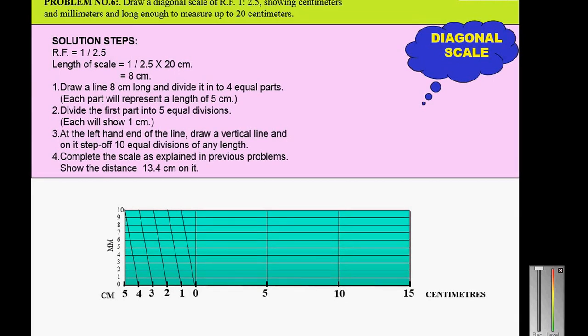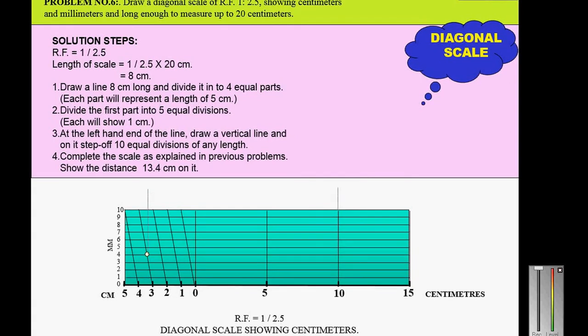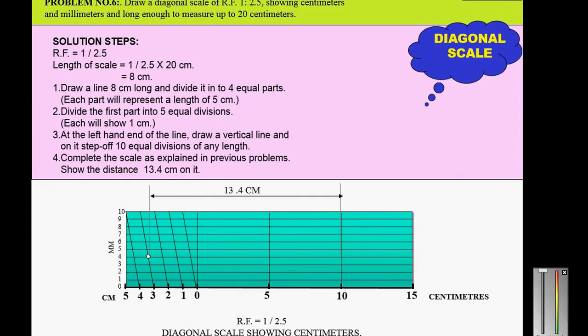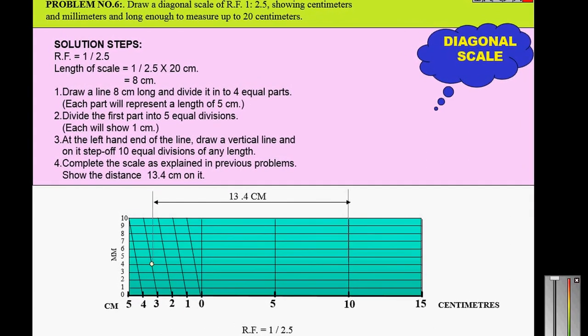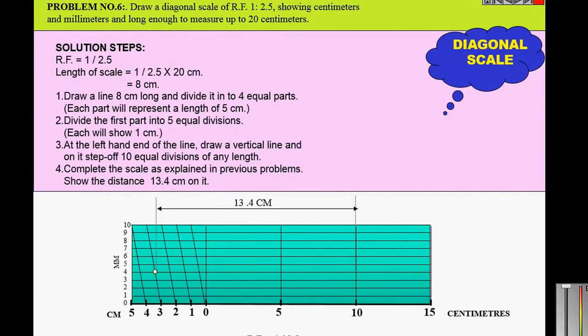So our aim is to mark a distance of say 13.4 centimeter. So you can take 10 centimeter from the main scale and 3 centimeter from the secondary scale and 0.4 centimeter from the diagonal scale as shown in the figure.